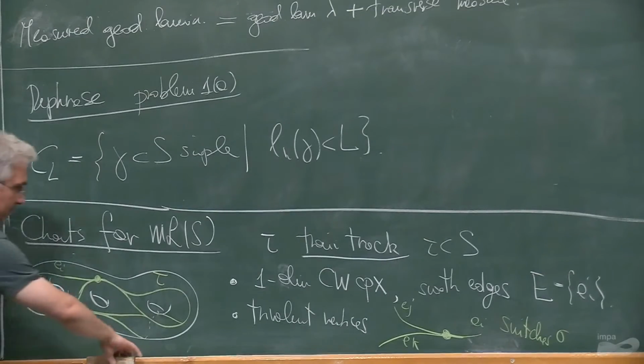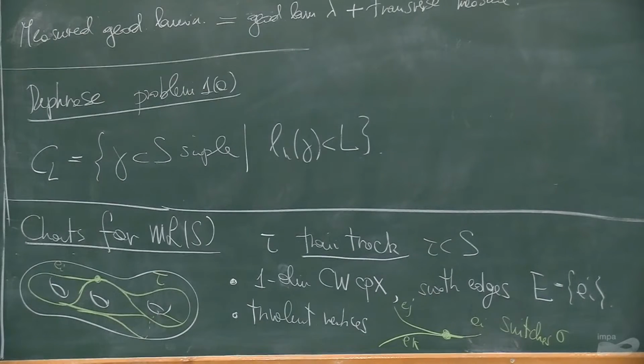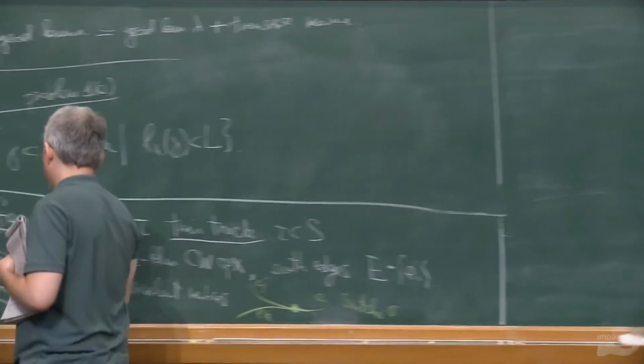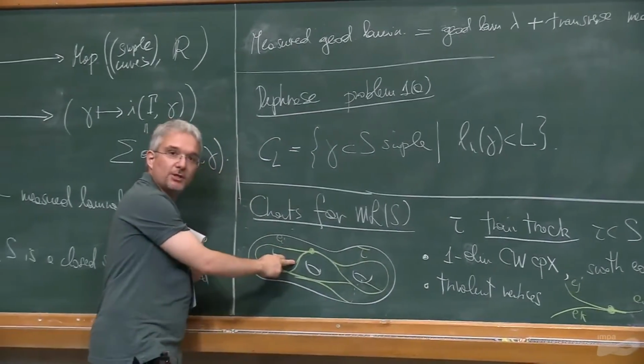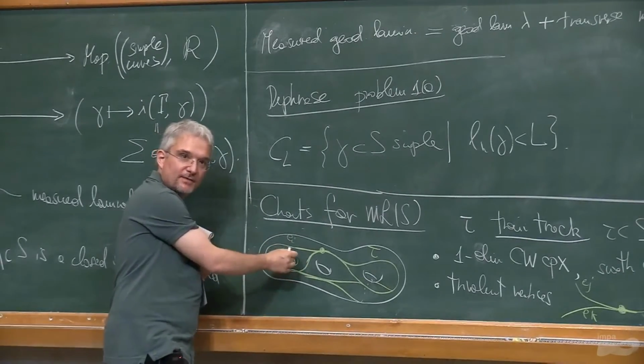And what are these train tracks good for? So I'm going to give you the coordinates for a subset of measured laminations. The coordinates are obtained by giving weights to each of these edges so that you can thicken to something that is a transverse measure.